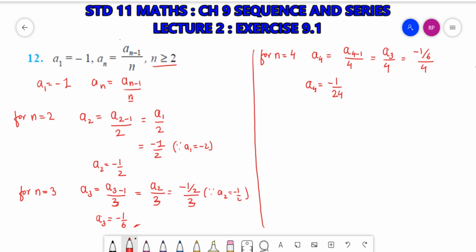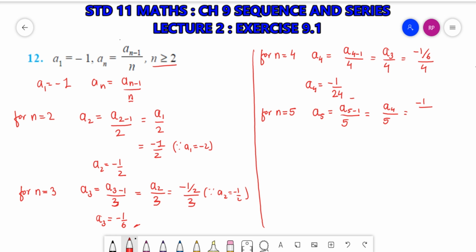Let's find out the fifth term. For n equal to 5, a5 is equal to a n minus 1, that is 5 minus 1 upon n, that is 5. So a 5 minus 1 will be equal to a4 upon 5. A4, we have just found out the value of A4 as minus 1 upon 24.